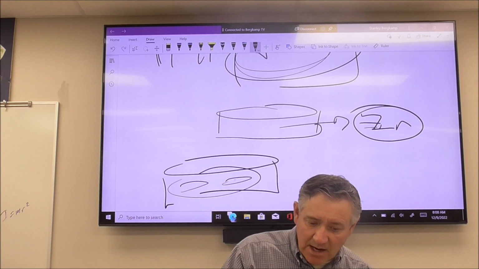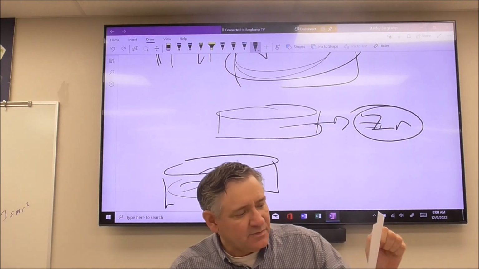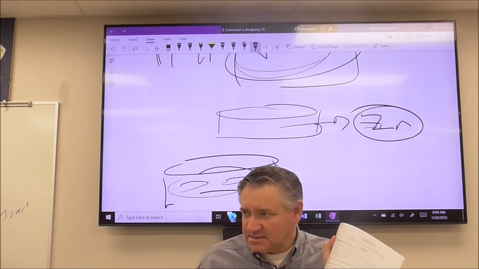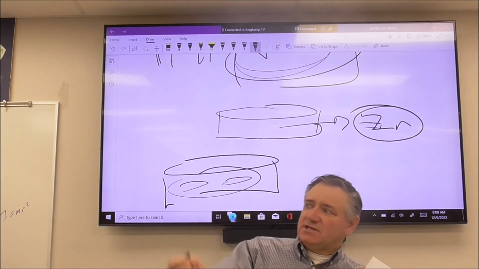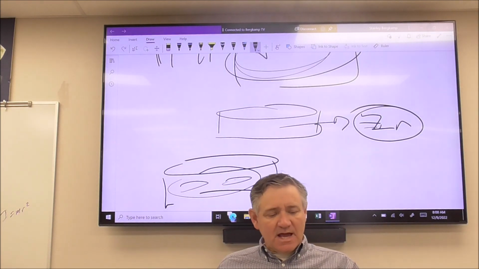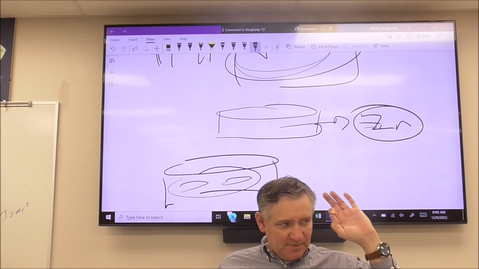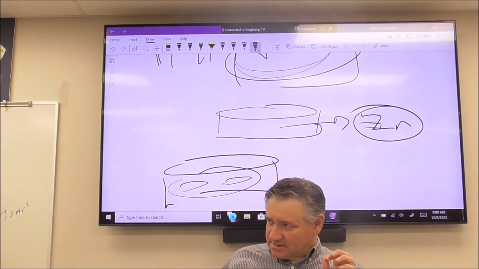That's how you're going to get the final mass of the penny, what's left over after the zinc has reacted. So you're going to have the original mass and the mass of the copper that hasn't reacted, and from that you're going to be able to get the mass of the zinc.